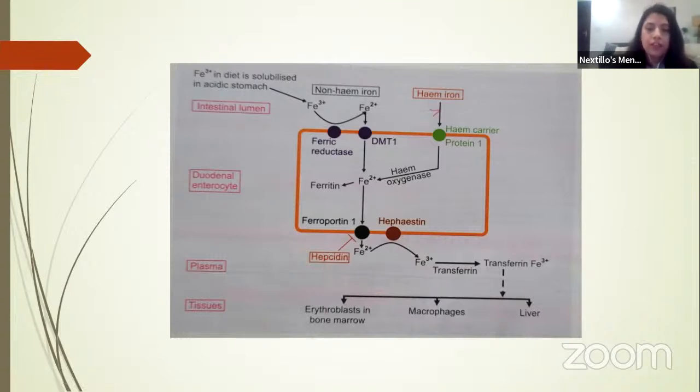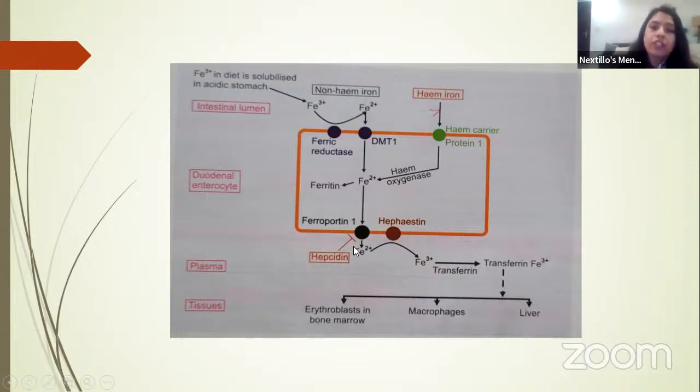Now, hepcidin is also an acute phase reactant. As we know, acute phase reactants are secreted in excess in any sort of inflammatory state in our body. In any kind of chronic inflammation or prolonged disease, there will be increased hepcidin. Because of this increased hepcidin, ferroportin 1 will be blocked, and hence iron coming into the plasma from the duodenal enterocyte will be less.